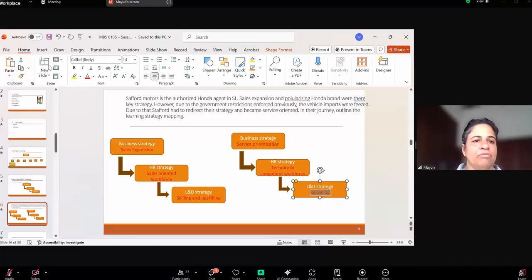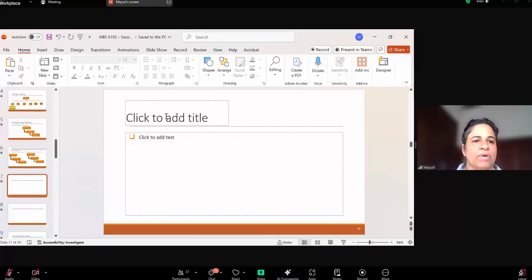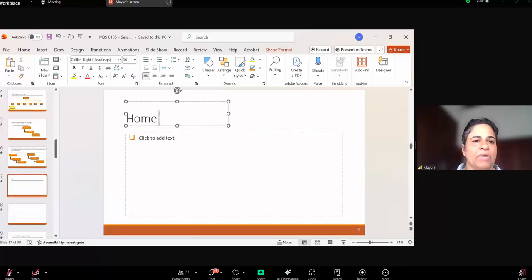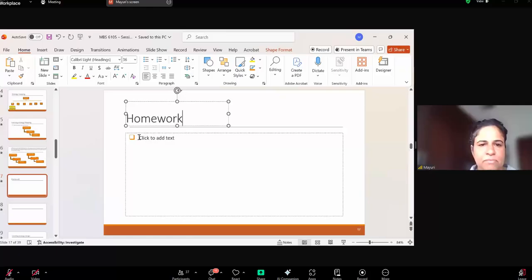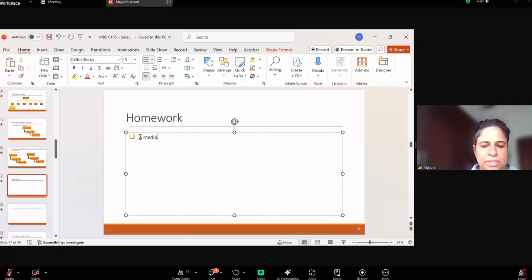Now I give you one more as homework. Write down this homework. A medium scale apparel manufacturer was providing garments for all at the least price.